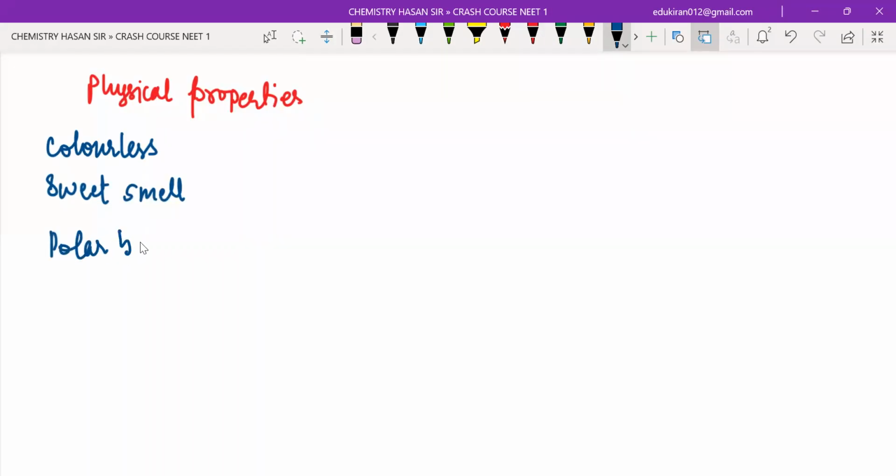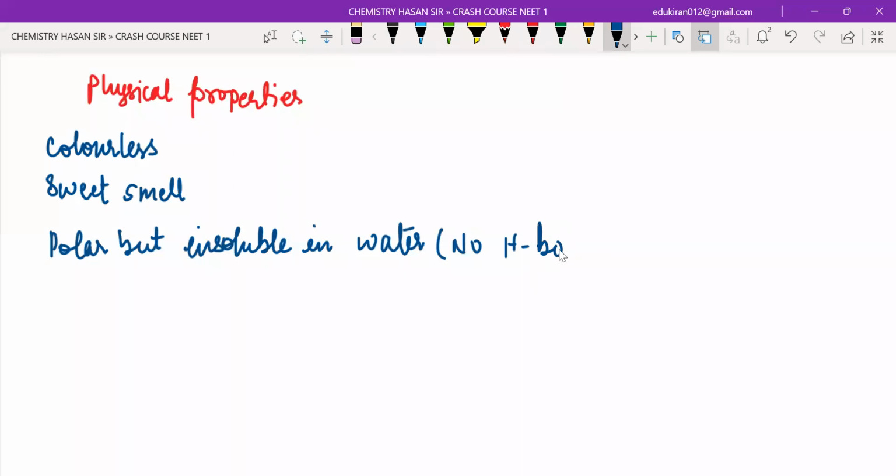They are polar but insoluble in water. Generally, polar dissolves in polar, but they are insoluble in water. Although water is polar and they are also polar, because there is no hydrogen bonding, they are insoluble.